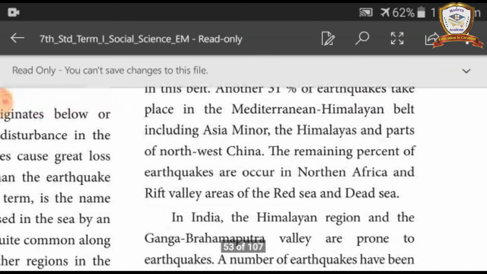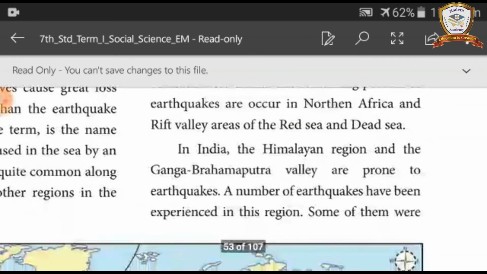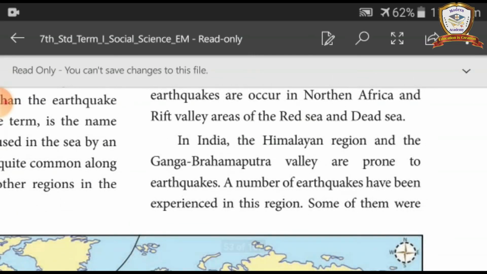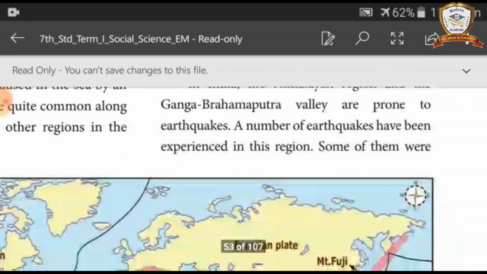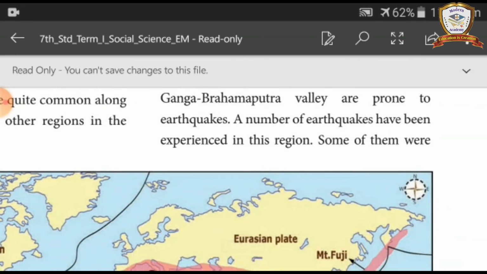The remaining percent of earthquakes occur in northern Africa and the Rift Valley areas of the Red Sea and Dead Sea. In India, the Himalayan region and the Ganga-Brahmaputra Valley are prone to earthquakes. A number of earthquakes have been experienced in this region.